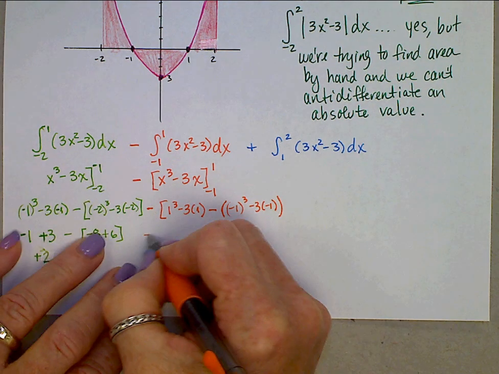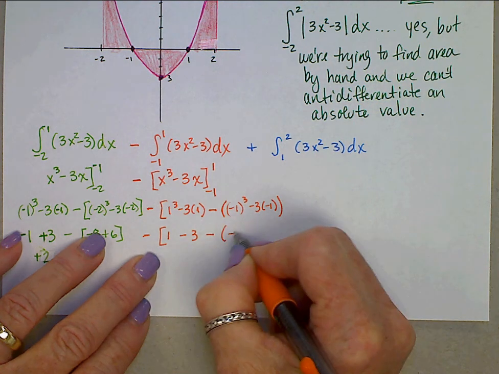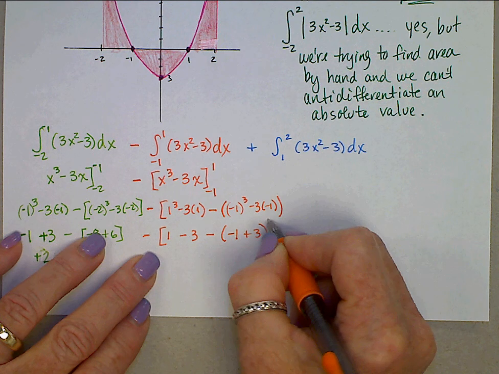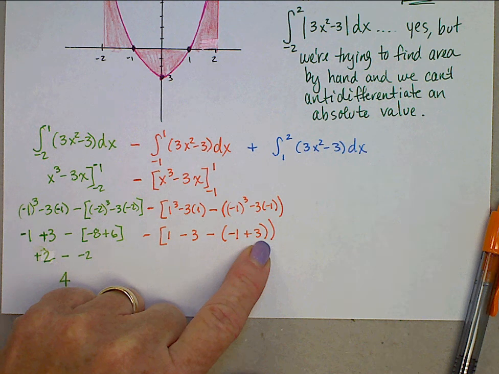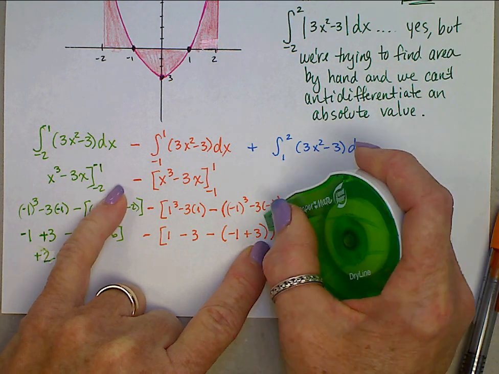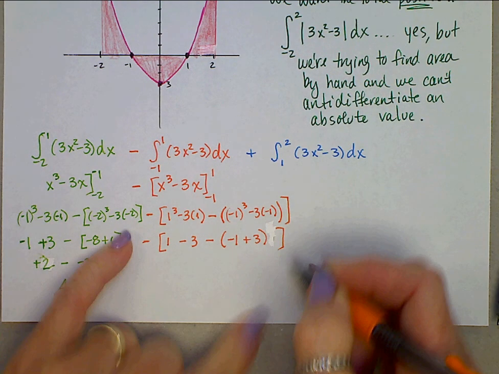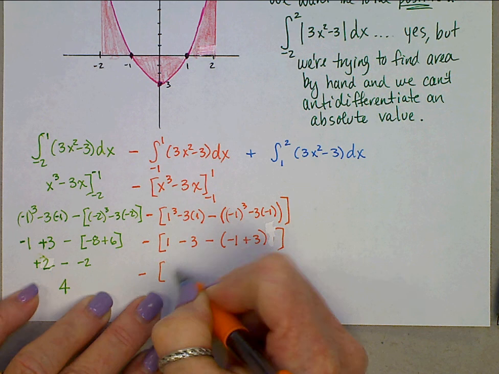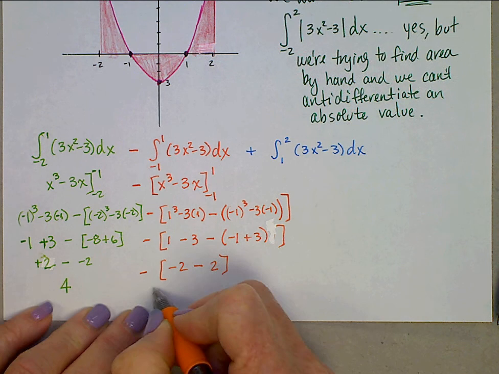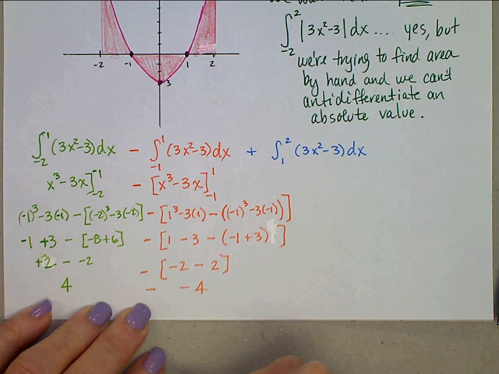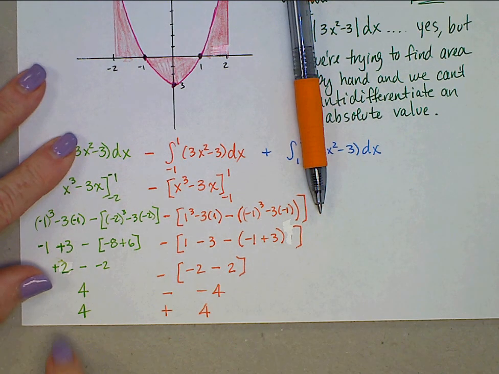So we have 1 minus 3 minus, and then here we have -1 plus a 3. And we have 1 minus 3 is -2 minus a 2, and that's minus a -4, makes this plus 4. So we still have this 4 over here. 4 plus 4.